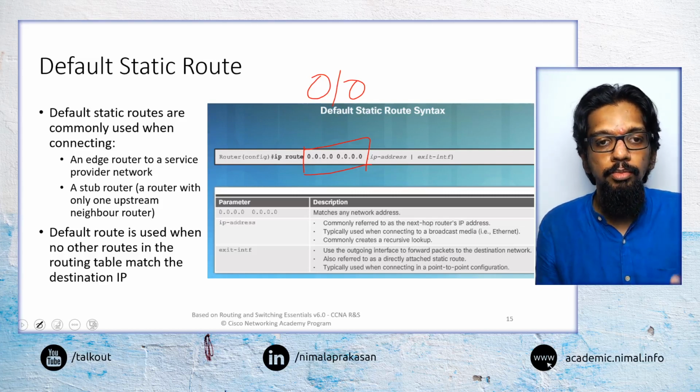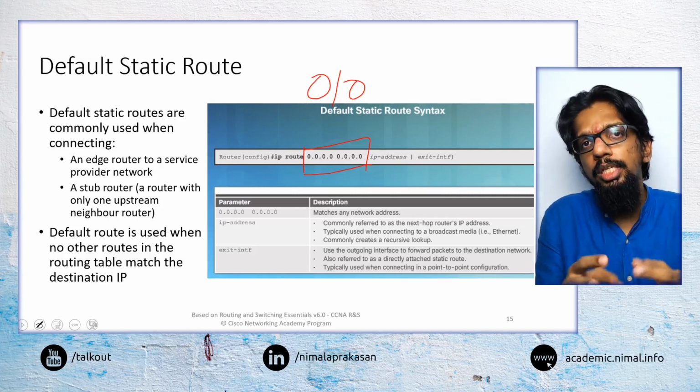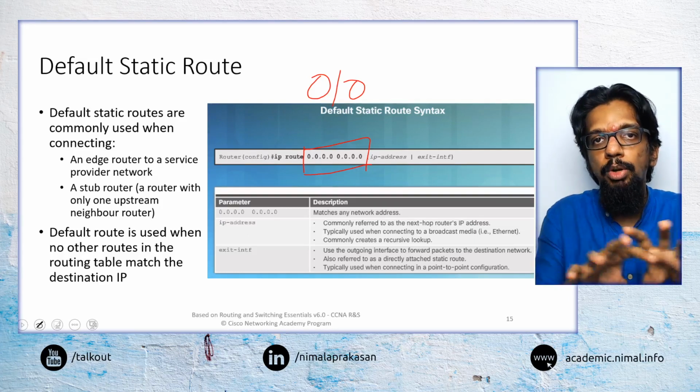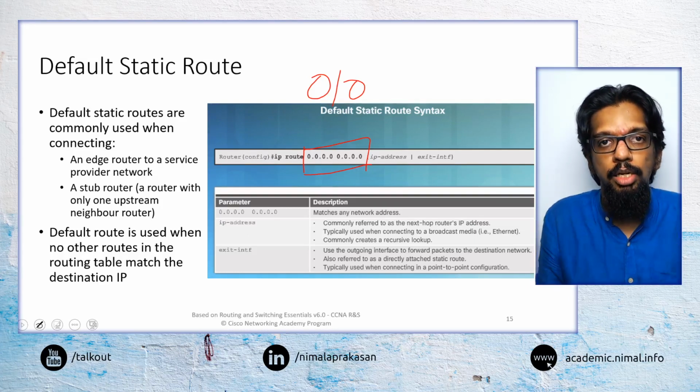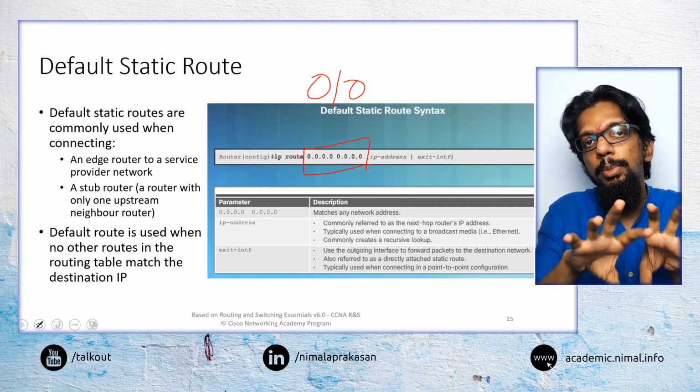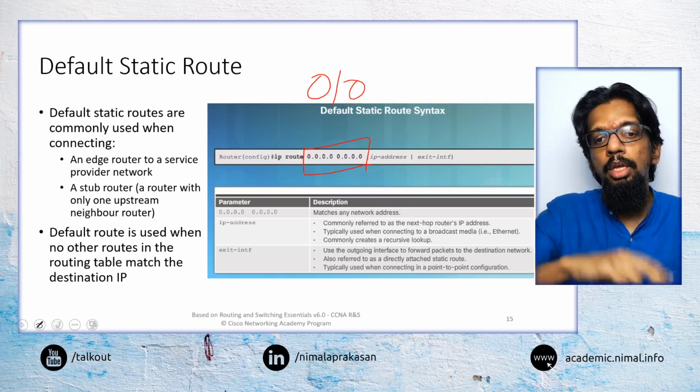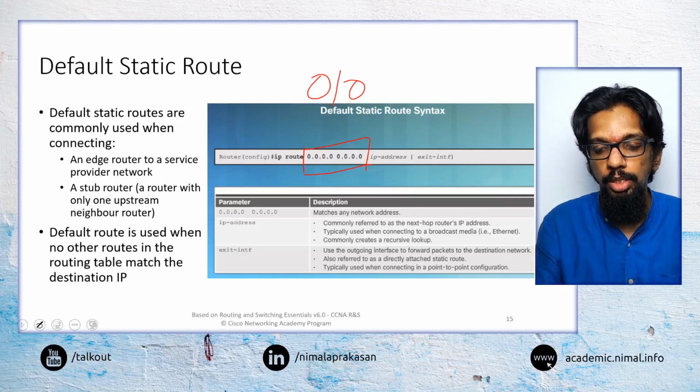As we previously looked at, we will use this when we don't have any other static route entries. This will be the last resort of a routing point where all the traffic will be forwarded to.